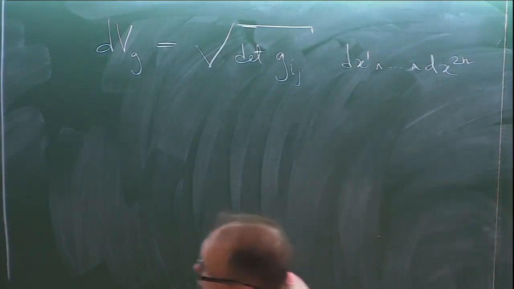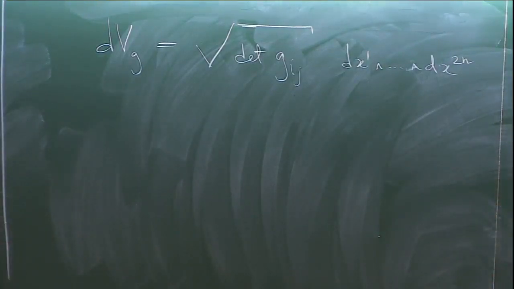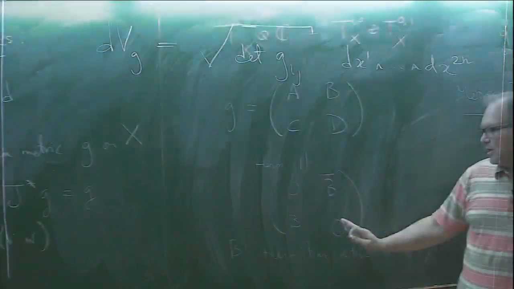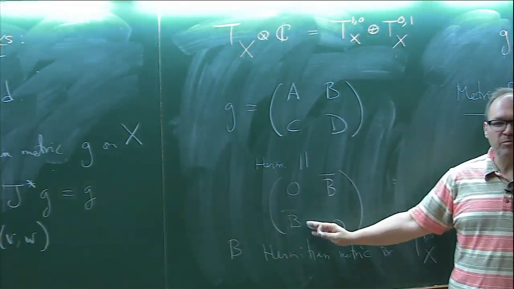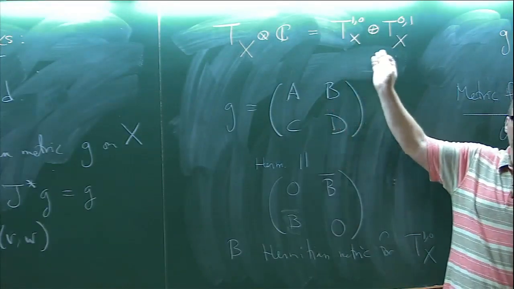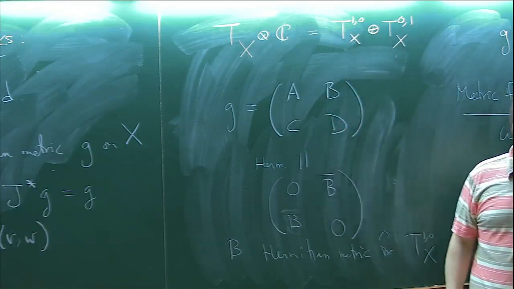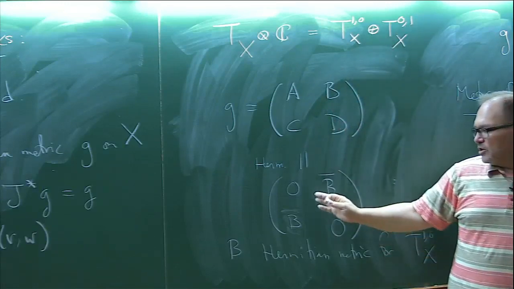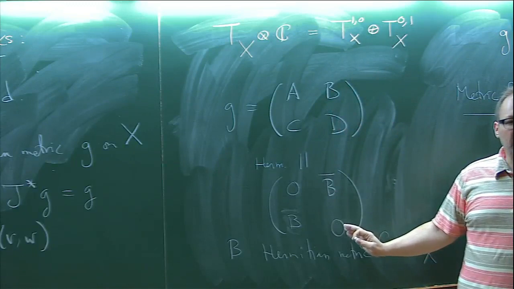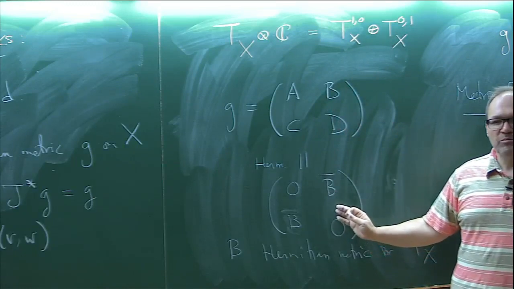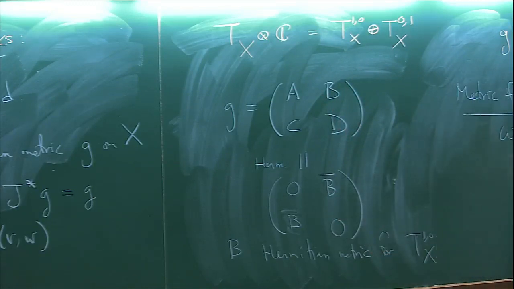But you see, when you look at the structure of this metric, there's a funny sign business, but that has to do with how you ordered the (1,0) and the (0,1) vectors. Somehow it looks like the determinant of this thing up to a sign is the absolute value squared of something, and it's a nice Hermitian metric.